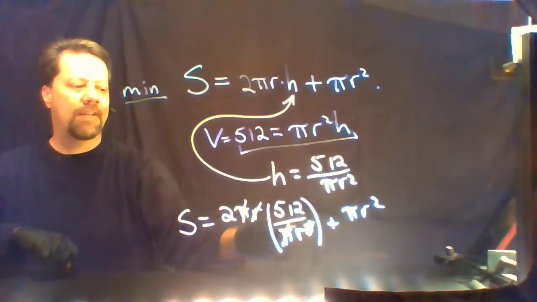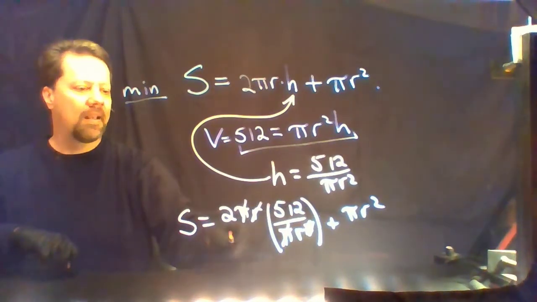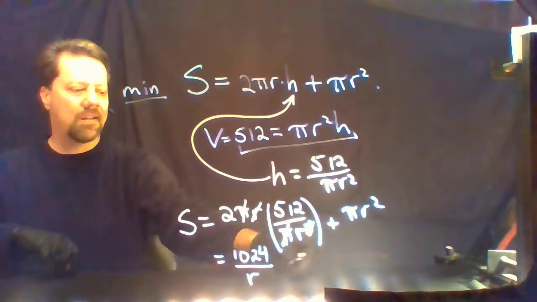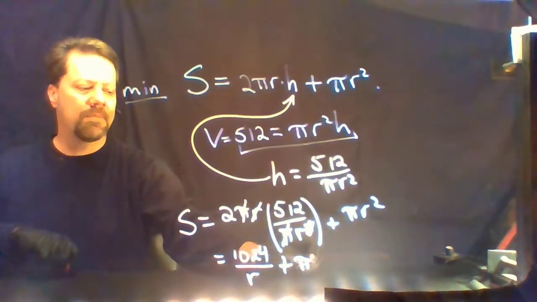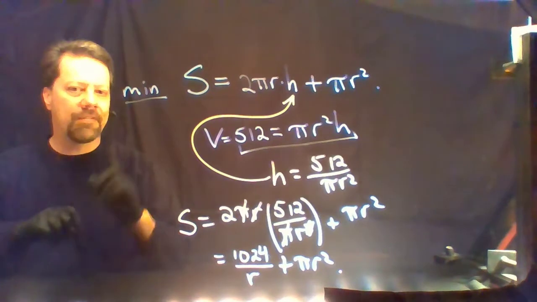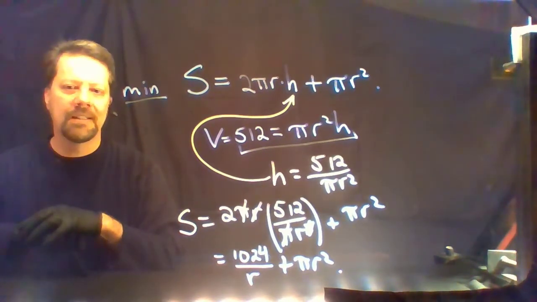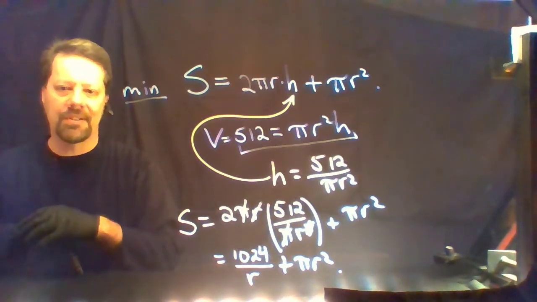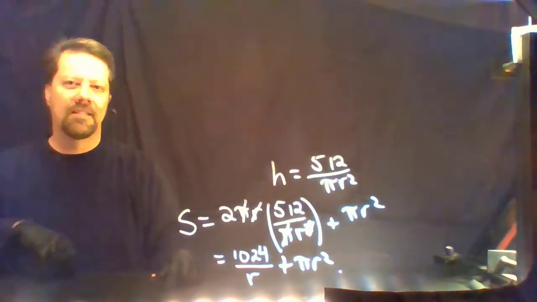We can cancel one factor of r off, and then multiply 2 times 512. The first term is just 1024 divided by r, and the second term is still pi r squared. Now we have a function involving only one independent variable. To find the minimum value, we'll just take the derivative, set it equal to 0, and solve for r.